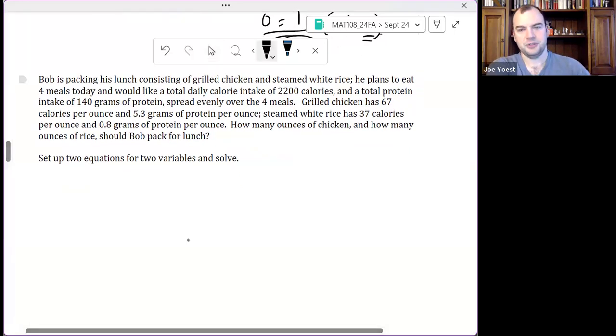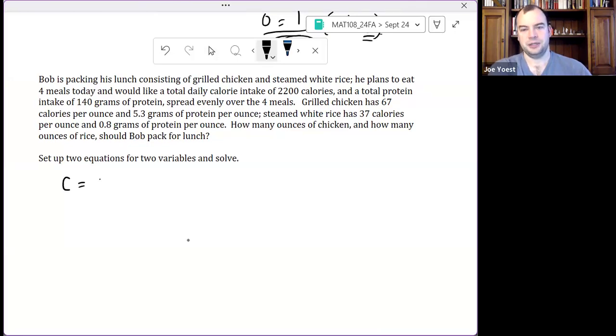Okay, so let's set up two variables. So C is going to be the number of ounces of chicken. And R the number of ounces of rice.